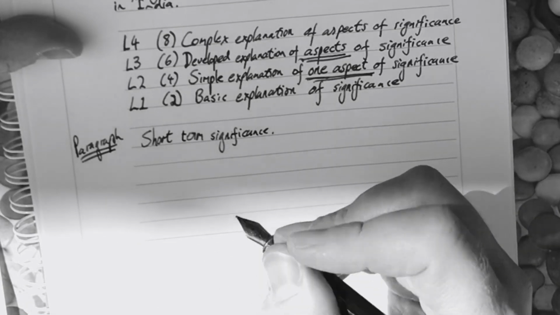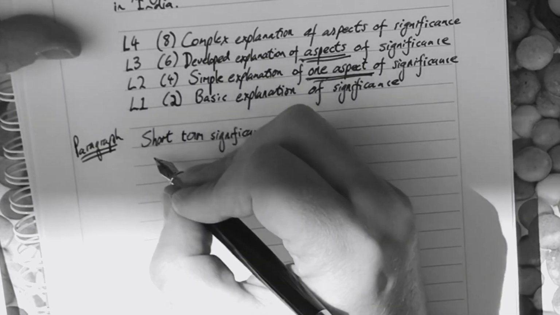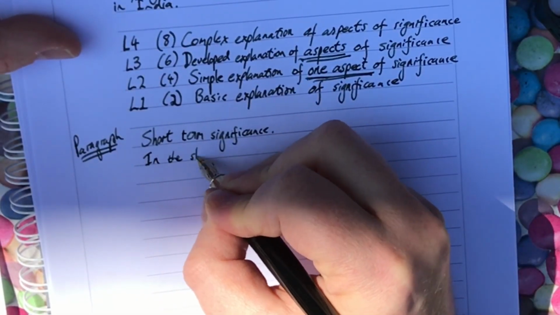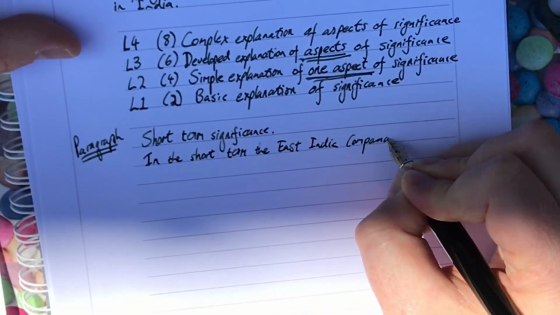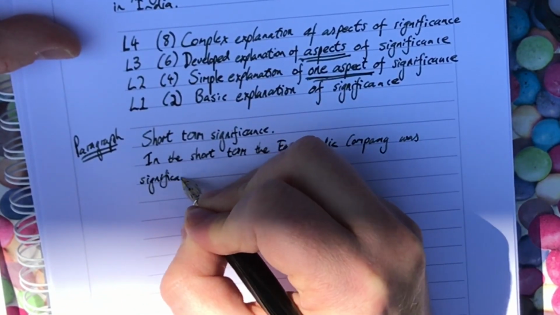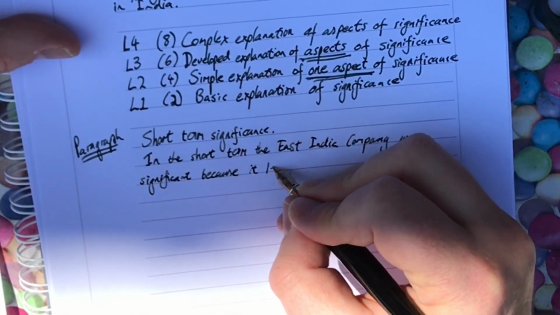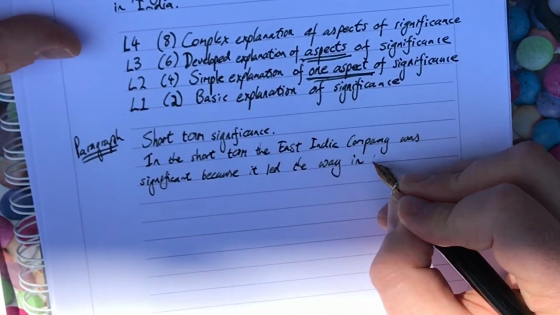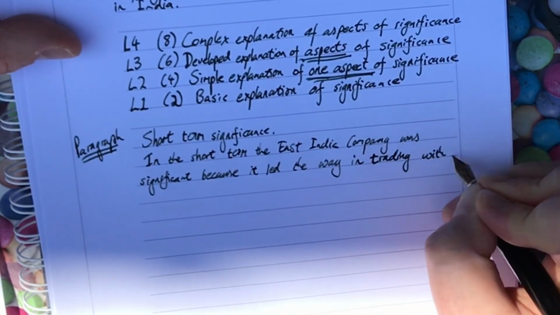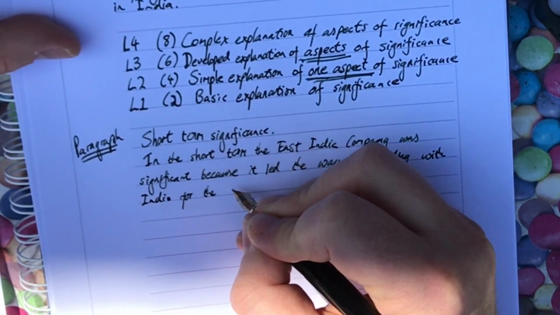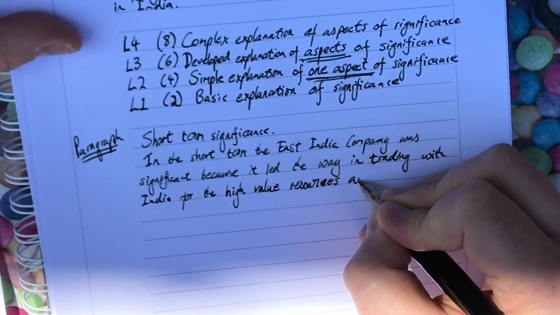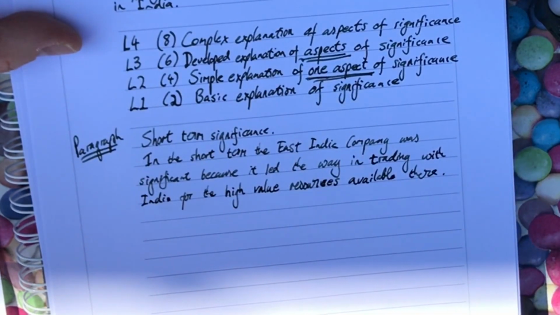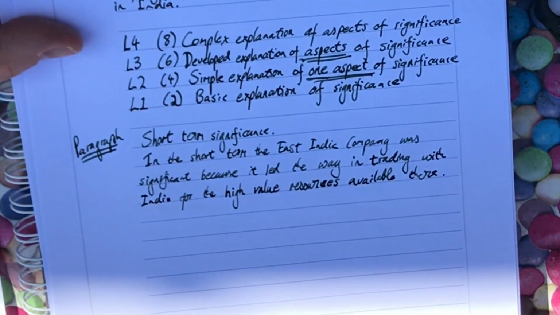So we start with a sentence then, perhaps to point us in that right direction. So it led the way in setting out to India to try and trade there overall.